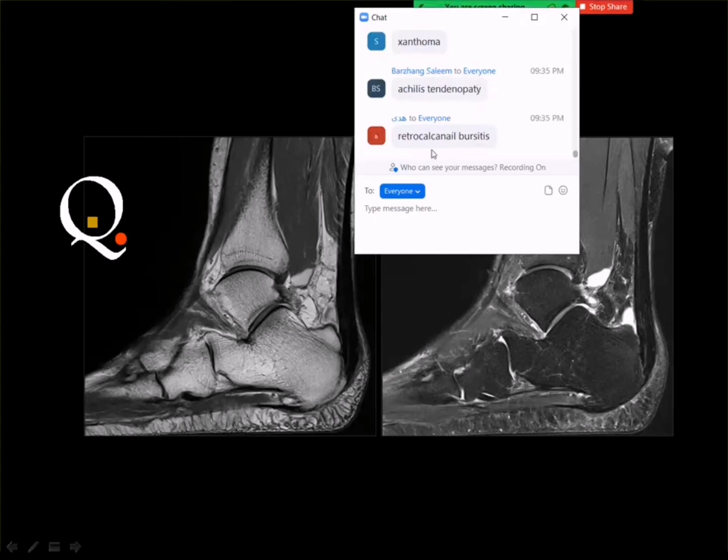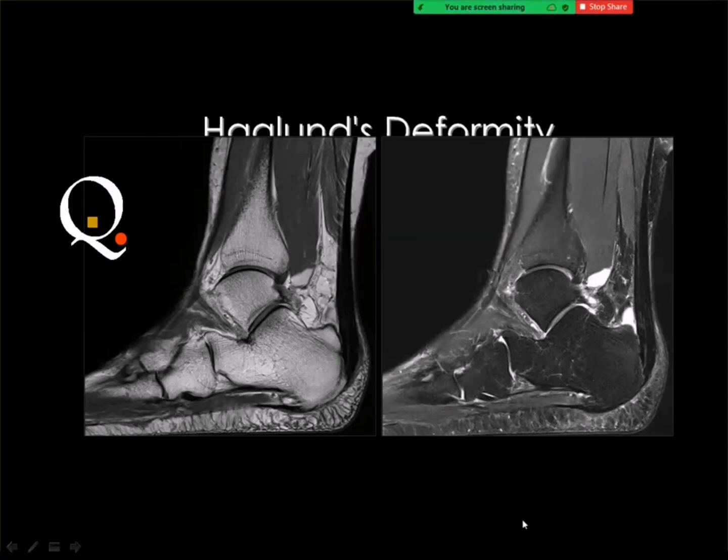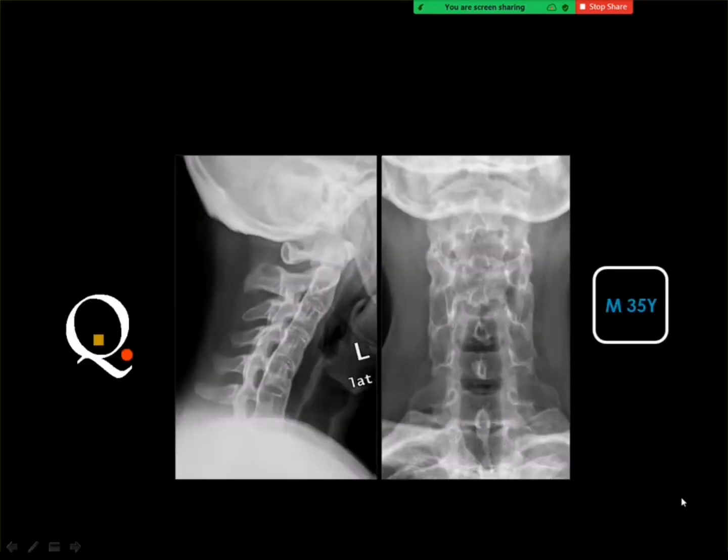Achilles tendinopathy and retrocalcaneal bursitis and subcutaneous inflammation, all these form the syndrome known as Haglund syndrome. And this is Haglund syndrome with tendinitis of the Achilles tendon, retrocalcaneal bursitis, and subcutaneous inflammation or retro-Achilles inflammation. And the three components represent the Haglund syndrome.